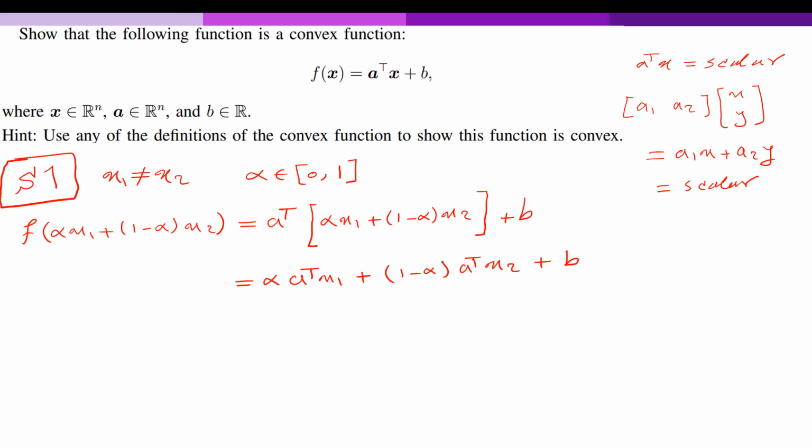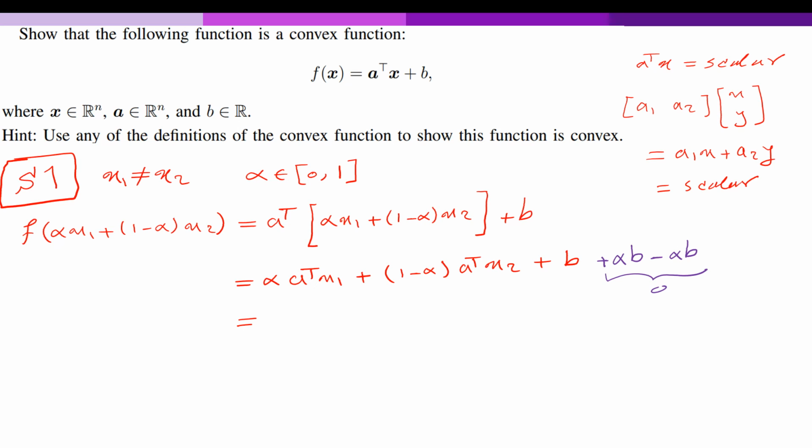Now let's add plus alpha b minus alpha b to this expression, which is basically 0, so we did nothing.